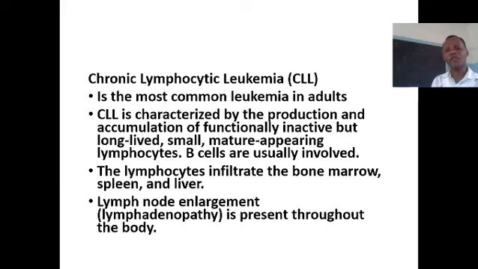Chronic lymphocytic leukemia is the most common leukemia in adults. It is characterized by the production and accumulation of functionally inactive but long-lived, small, mature-appearing lymphocytes.